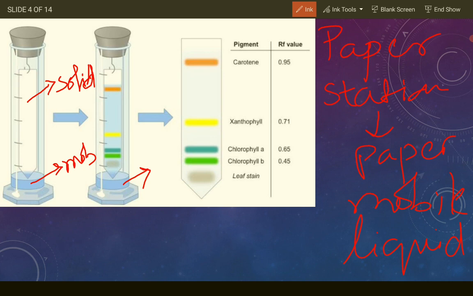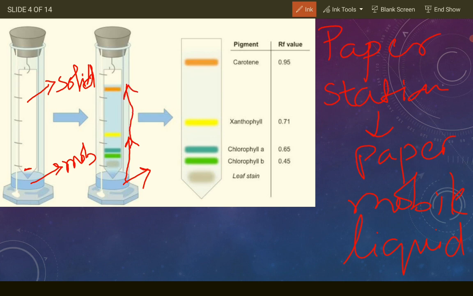As you can see, we are separating the mixture of chlorophyll, right? So if we put a pigment of chlorophyll here, somewhere here, and we allow the mobile phase to move upward through the paper, the stationary phase, the paper will not move, but the mobile phase, which contains some organic liquids, will move through the paper, right?